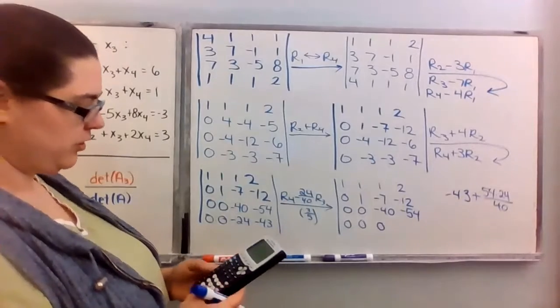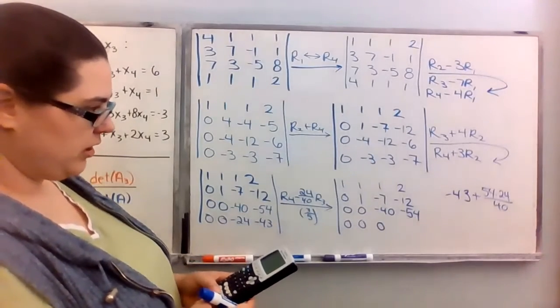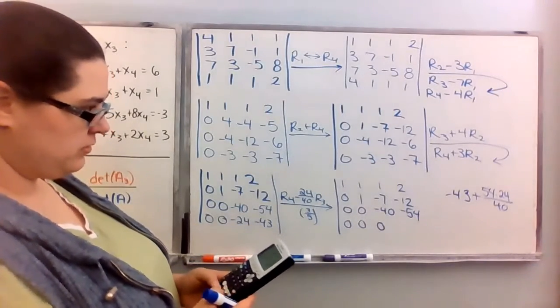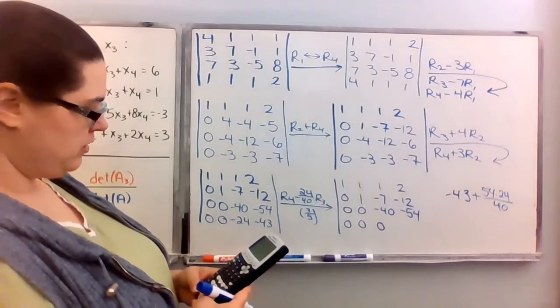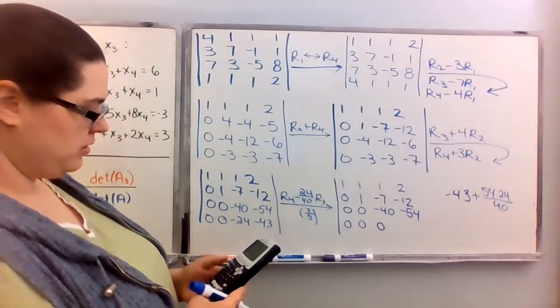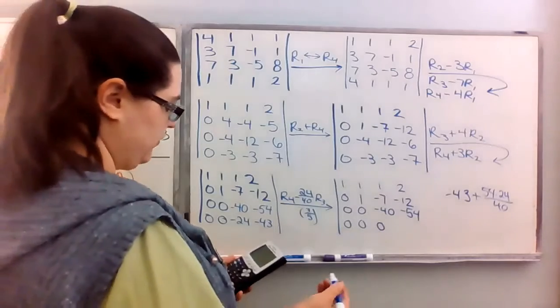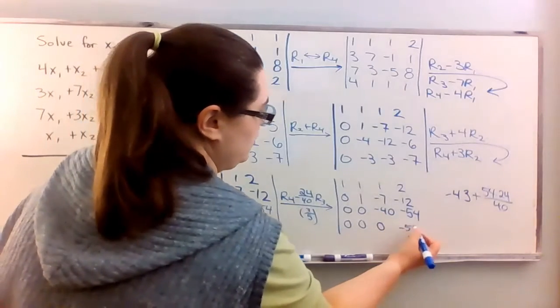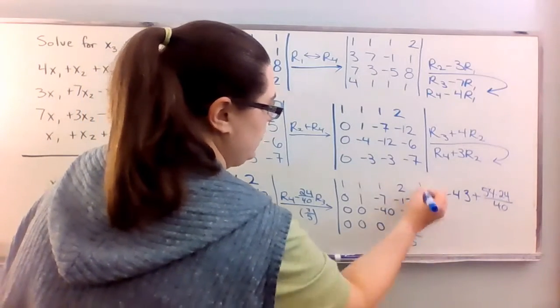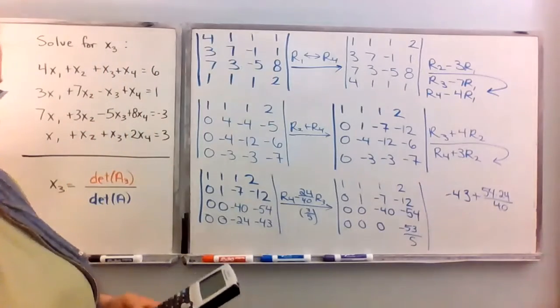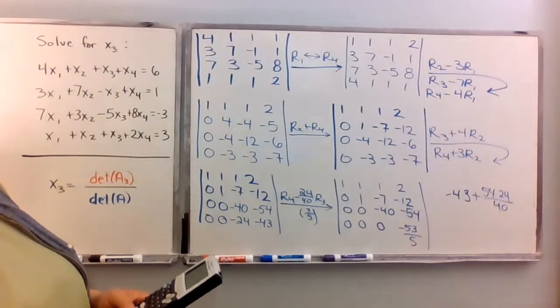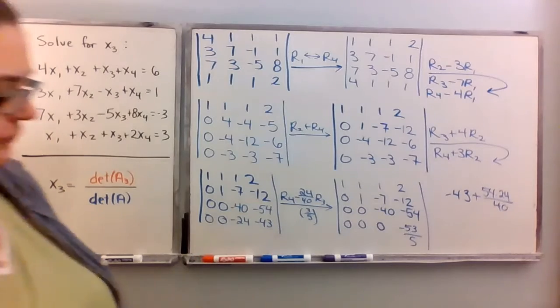I'm just going to go ahead and throw that in here. And that's going to give me a negative 53 over 5. Okay, cool.